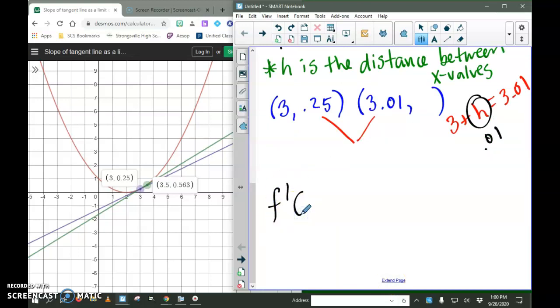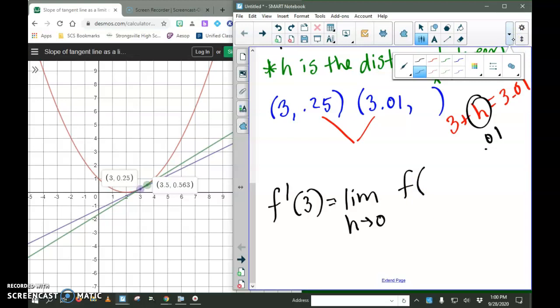We represented that by saying f prime of 3. We could say f prime of 3 would be the limit as h approaches 0, as the distance between the x values becomes smaller and smaller and smaller, okay? And again, I would have to qualify this as, let me label these here, okay?